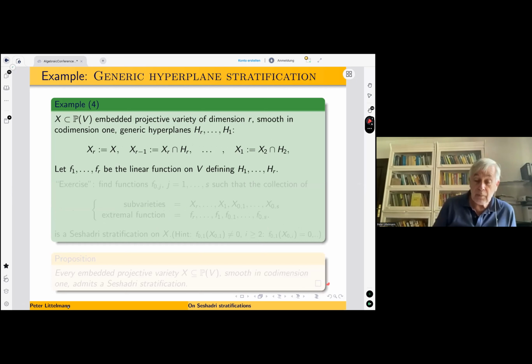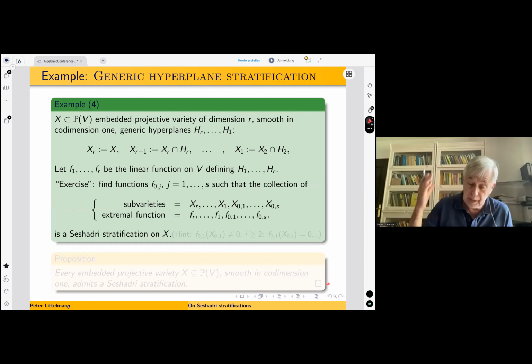Okay, and now let's go to the embedded projective variety of dimension r, the case which we call generic hyperplane stratification. So we had these generic hyperplanes, and we had then our collection of subvarieties. These are the varieties we get by intersecting my given variety successively with all these hyperplanes.